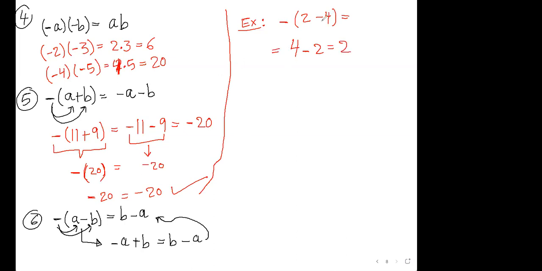We start from the second part, but positive, and the first part is negative, and they give me 2. Another example: minus of 6 minus 3. It gives 3 minus 6, and the answer is negative 3.